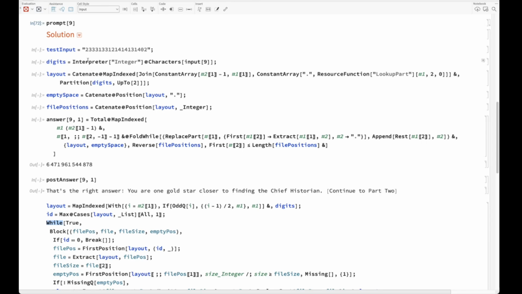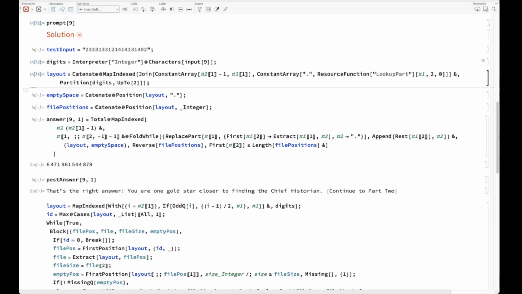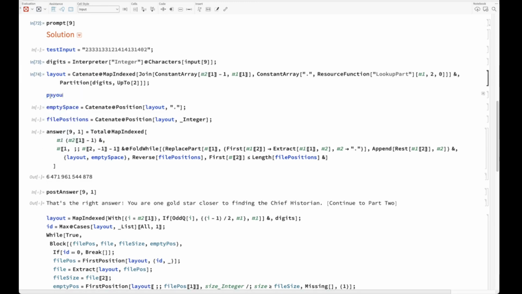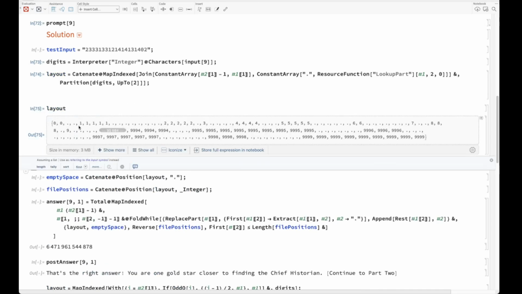The point is you had a specific representation of a data layout of your files on a disk. For example, in part 1 the layout looked like this. I think it says you have a file with ID 0, then 2 empty spaces, then the file with ID 1 with 5 blocks corresponding to that file, then more empty space and so on.